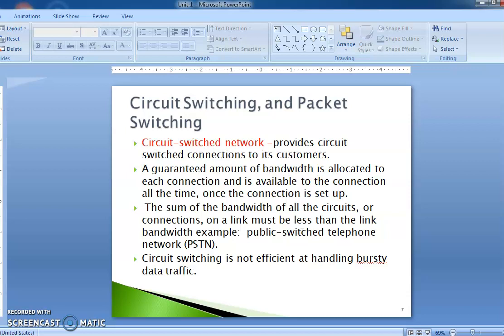Once we disconnect, the bandwidth is given back. The sum of bandwidth of all circuits or connections on a link must be less than the link bandwidth. For example, the telephone network follows circuit switching. Circuit switching is not that efficient because there is difficulty in handling bursty data.